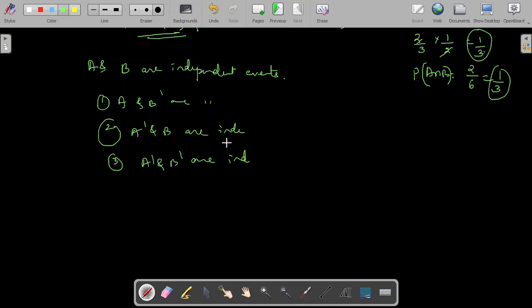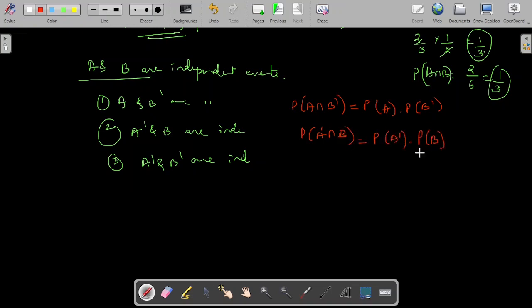This is a result. Whenever two events are independent, then A and not event B, those two are also independent. That means you can write P of A intersection B dash as P of A into P of B dash using the definition of independence. P of A dash intersection B is also P of A dash into P of B. You can split like this.